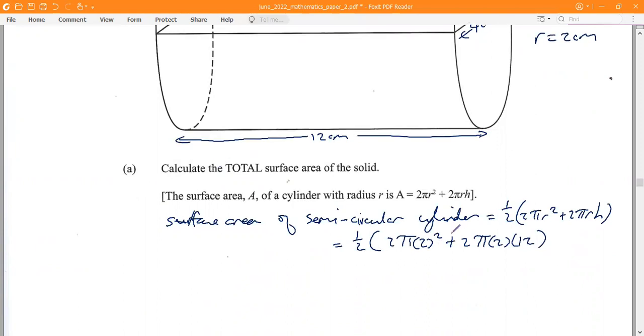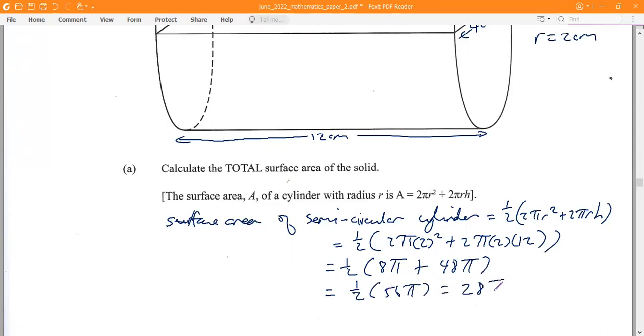All right, and we want to work this out. So 2 twos are 4, 4 twos are 8 pi, plus 12 twos are 24, by 2 is 48 pi. Which should be a half of 56 pi, which is 28 pi.